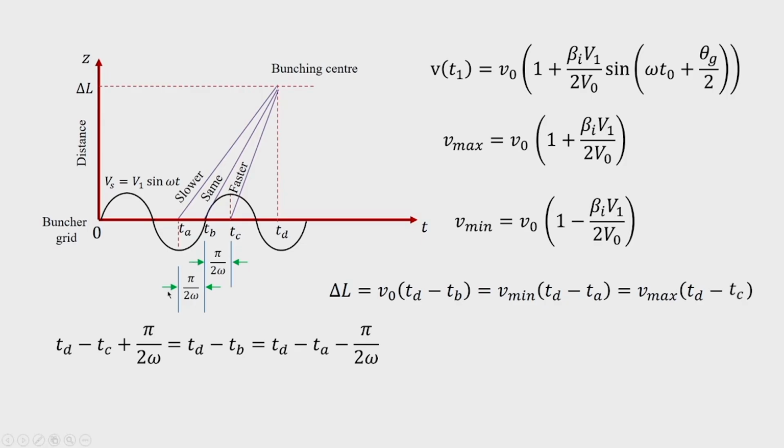Now, we can write T d minus T c plus pi by 2 omega. So, this is actually T d minus T b, and this is same as T d minus T a minus pi by 2 omega.